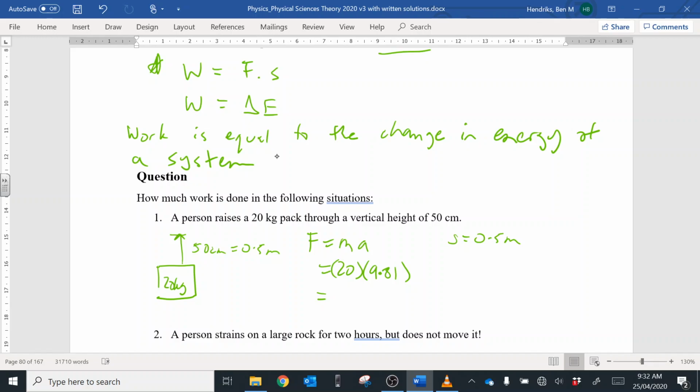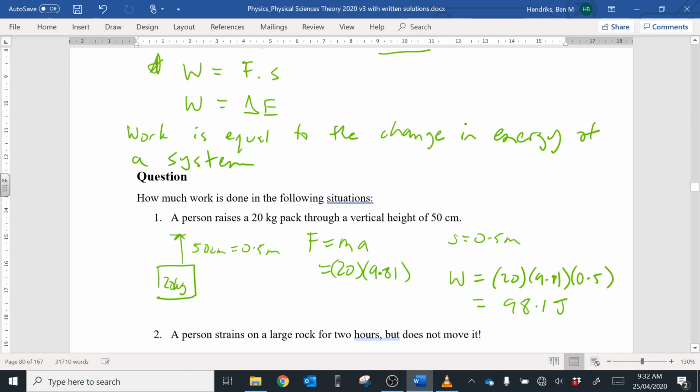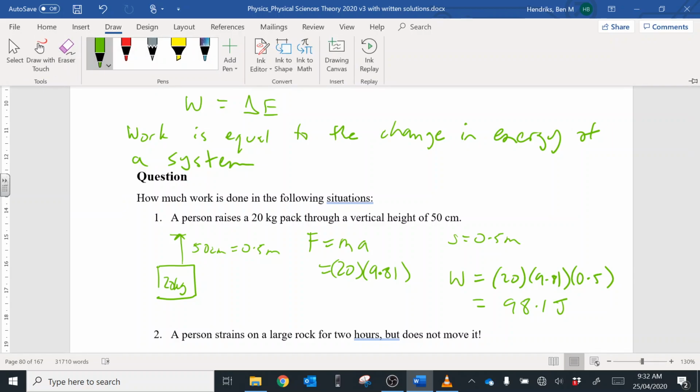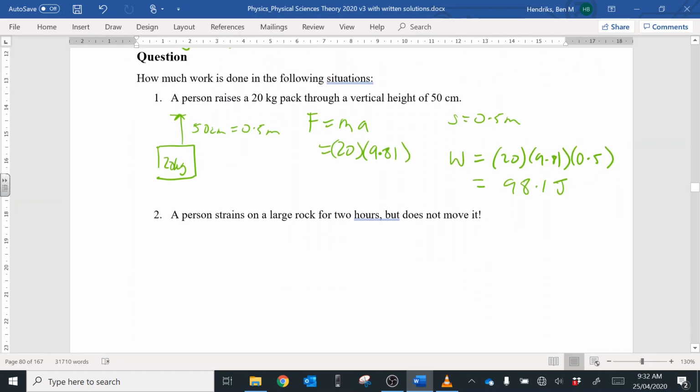So then work is equal to 20 times 9.81 times 0.5, and that is equal to 98.1 joules. Okay, so let me just get my eraser. I didn't end up writing that, I just put that all into the equation. I didn't need to write that down. So we just did work is equal to force times the distance.